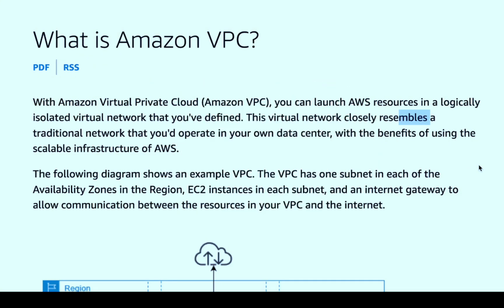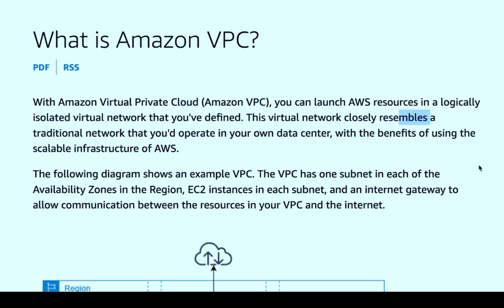With Amazon Virtual Private Cloud, you can launch AWS resources in a logically isolated virtual network that you have defined. So, why do we want to do that? Basically, when you launch a resource, let's say you are going to launch a printer in your home, you need to launch it inside a network so that you don't need to connect a wire to your computer and printer each time.